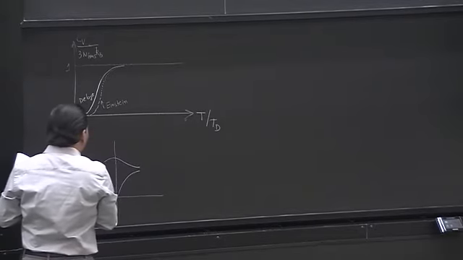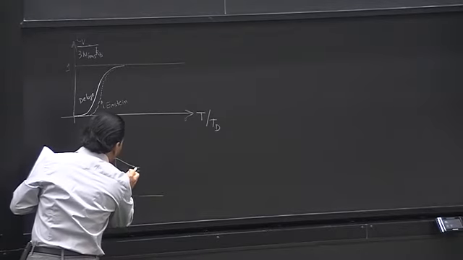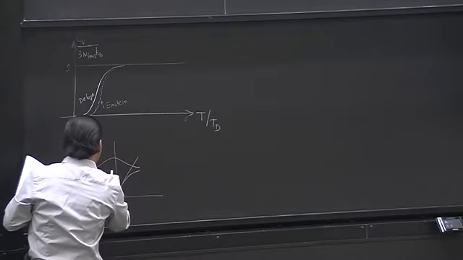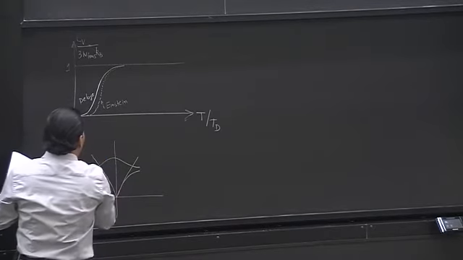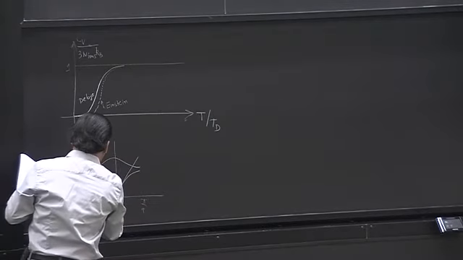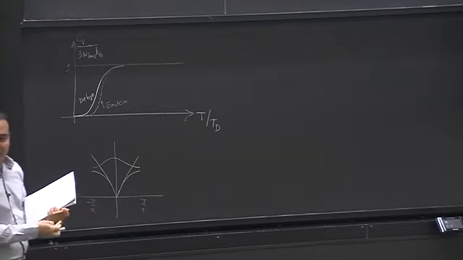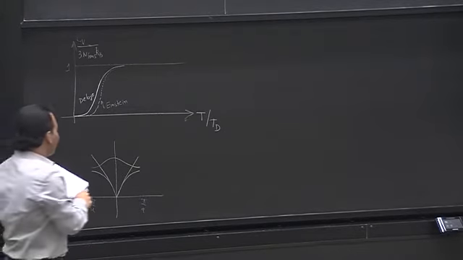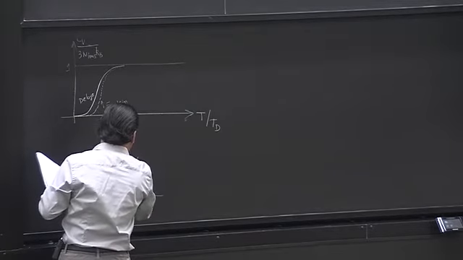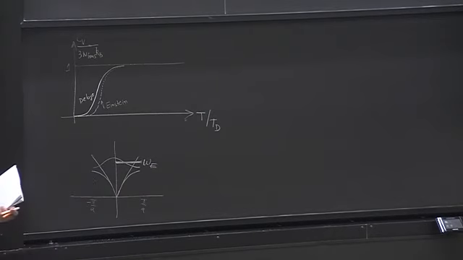In the Einstein model, you do this linear approximation, but only for the acoustic mode. So you restrict it till here, and you replace the optical mode by a constant. And this constant is called the Einstein frequency.